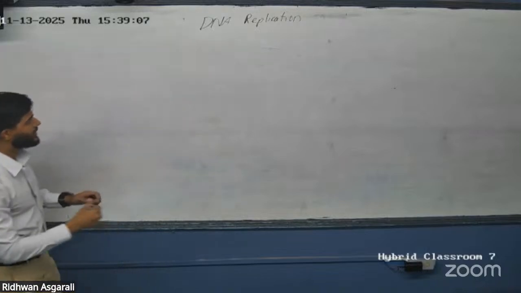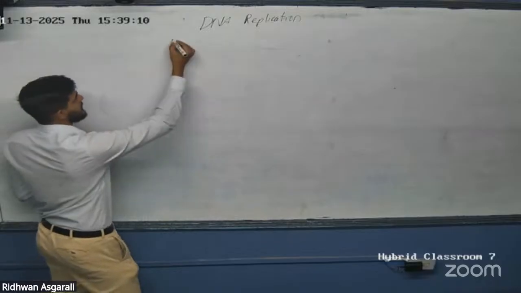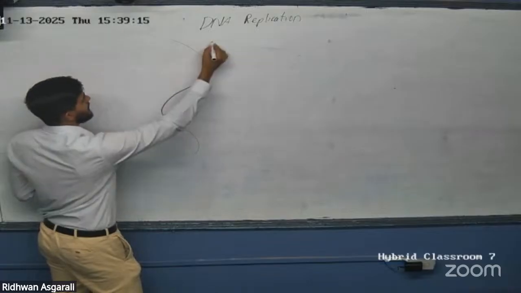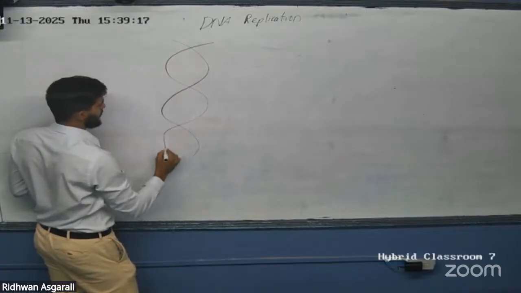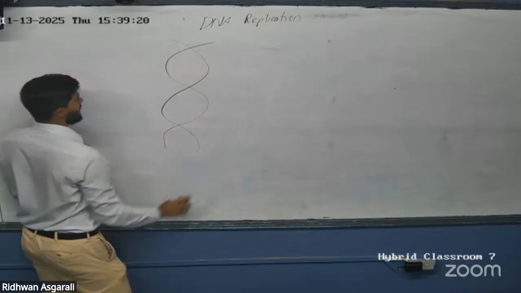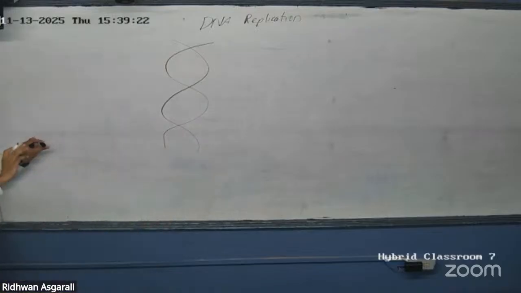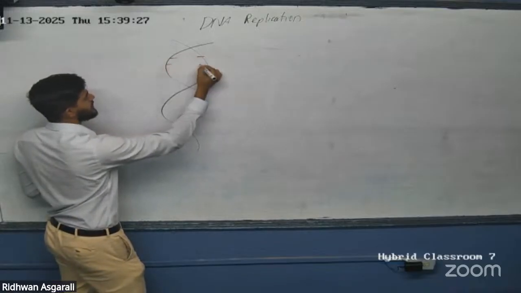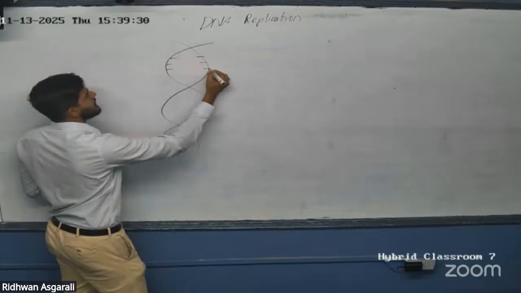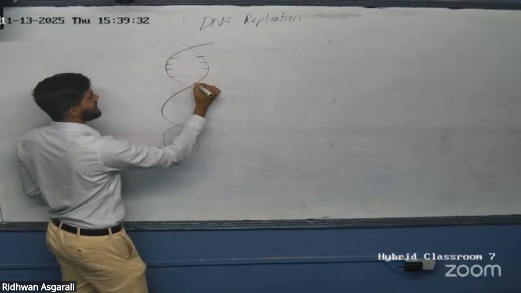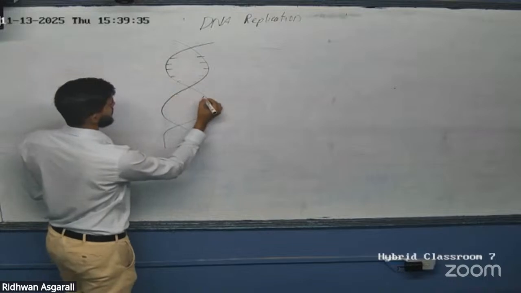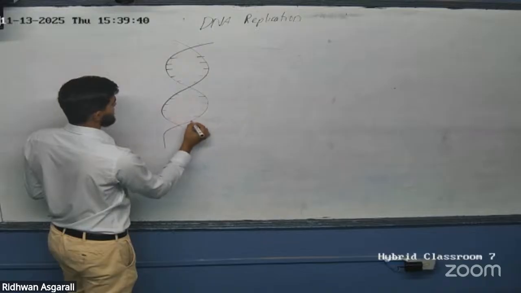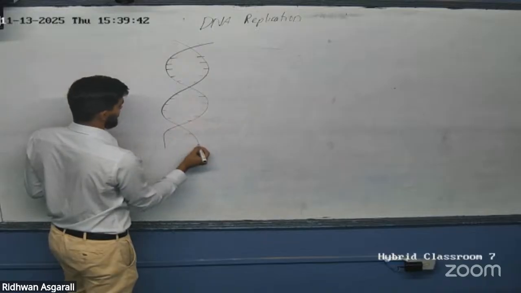So we have to go through steps in DNA replication. Right? So let's say we have our DNA. Let's say this is our DNA strand, right? Now we know what's in our DNA strand. So we have the nitrogenous bases.